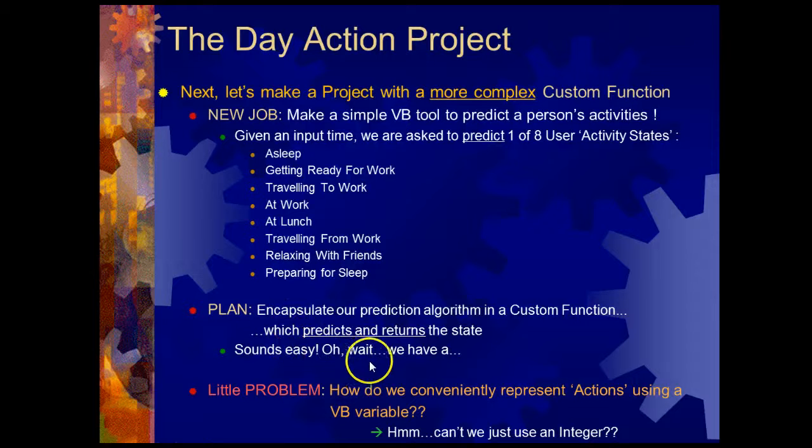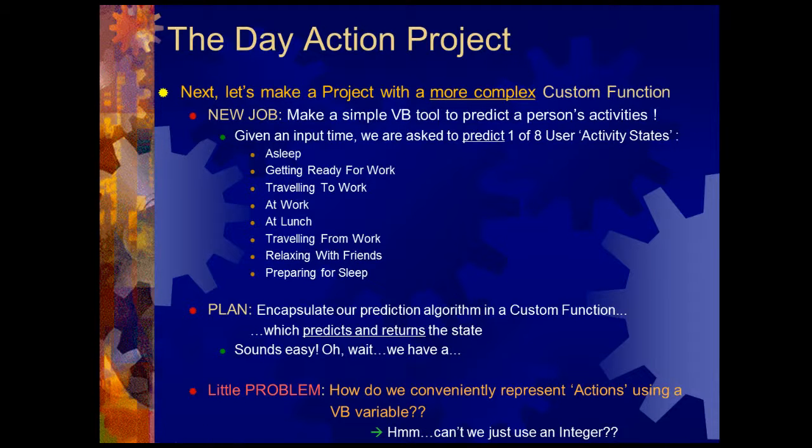Oh wait, we have a little problem. How do we conveniently represent actions using a VB variable? These are the different actions. How can we create a variable that can take on these different values?